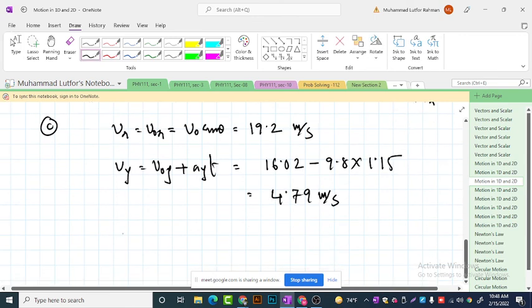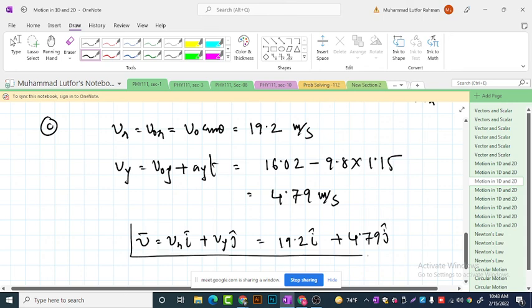That means just before striking the wall, its total velocity was vx i hat plus vy j hat, which would be 19.2 i hat plus 4.79 j hat. So that would be your total velocity.